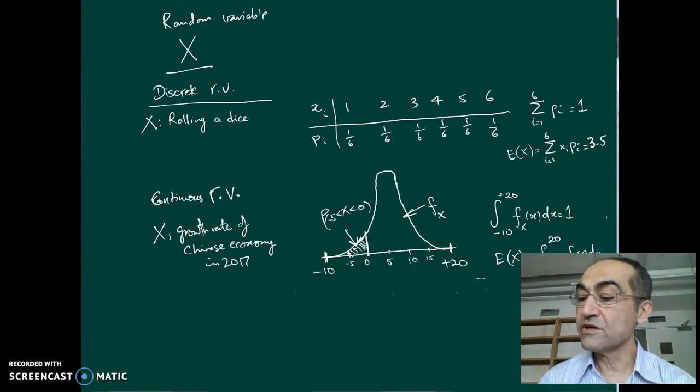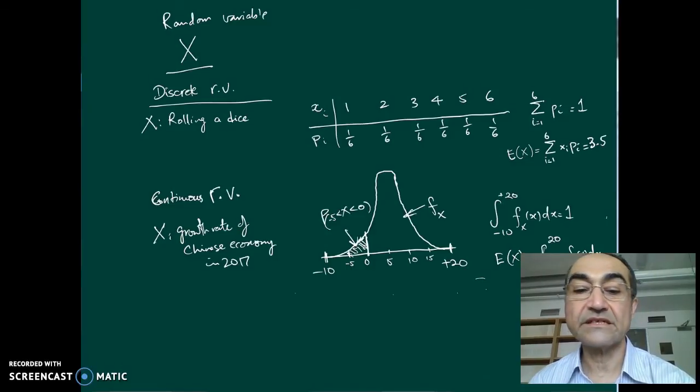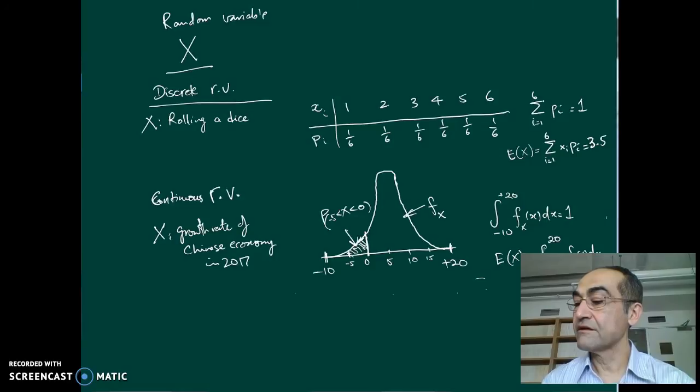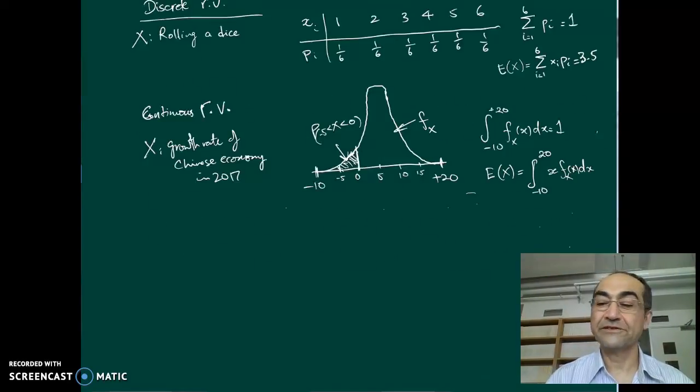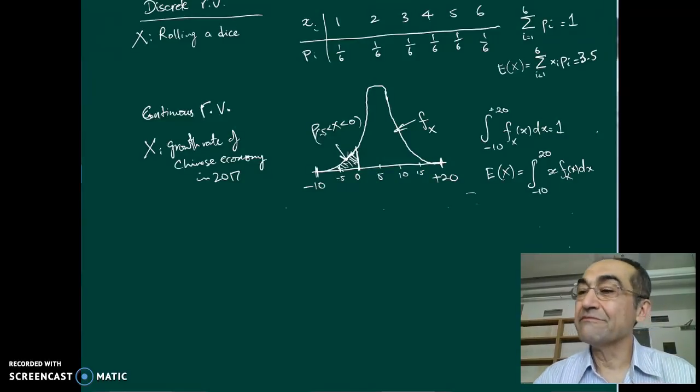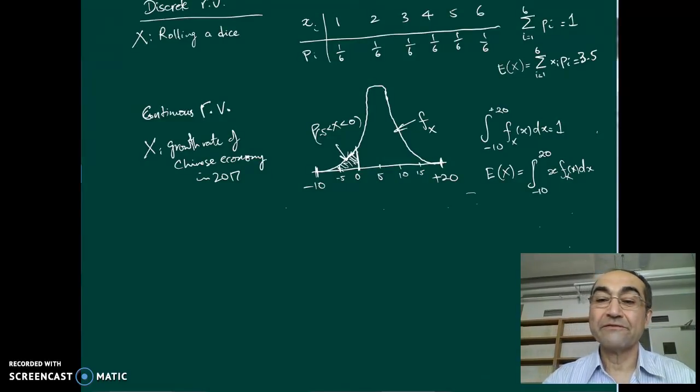Okay, so what we want to learn now is about this population density function or probability density function, and we use information in a sample to do so. And we do this with the aid of a model, a model of economic growth in this example of economic growth in China.